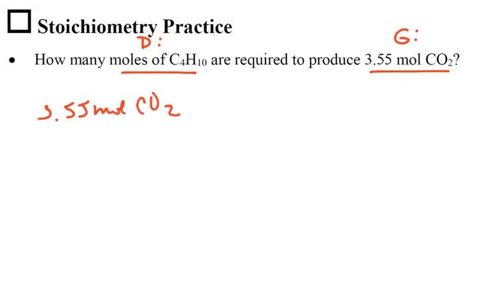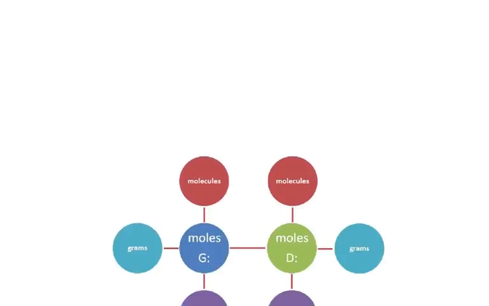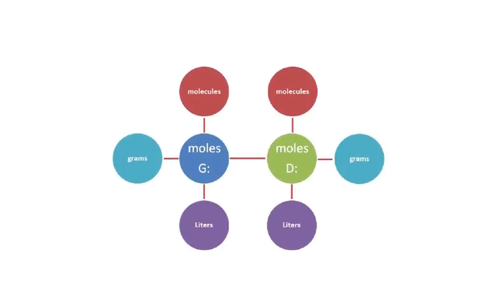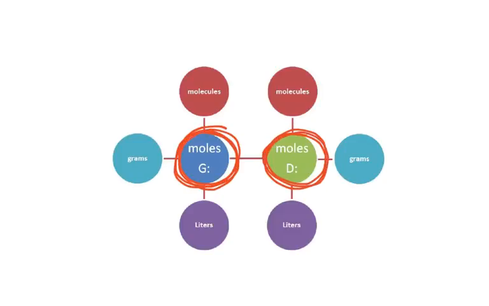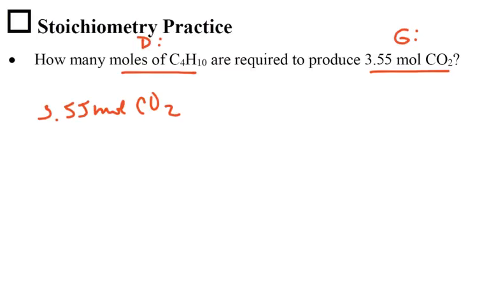Now before we go on with this, we want to stop and say, well, what are we really talking about? We're saying we're going to start here with moles of our given, and we're trying to get to moles of our desired, so we're only going to have one conversion factor. We're going to use our mole ratio as a conversion factor. So this is just a 1 conversion factor problem.